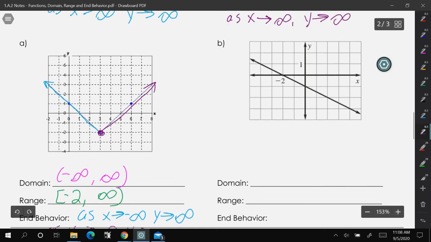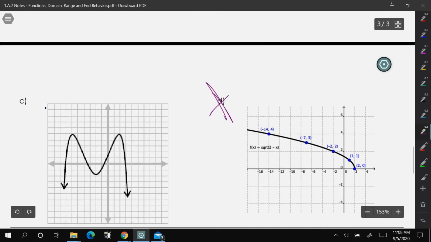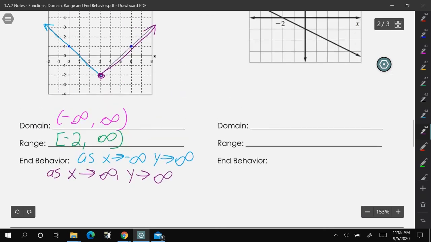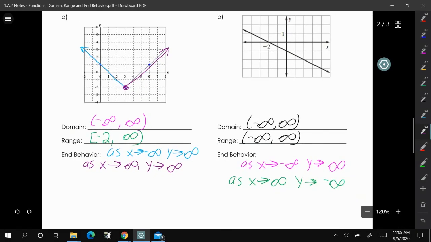All right, so I want you to try letters B and C. We're going to cross off letter D. So pause the video and try those. And once you're done, unpause it and see if we get the same answer. Okay, there's your answer for B. So check it, pause it if you need to.